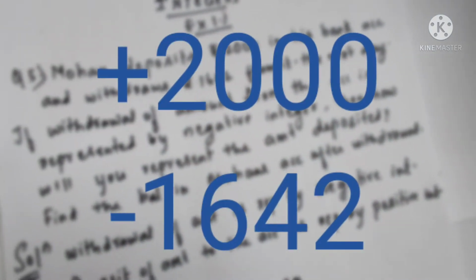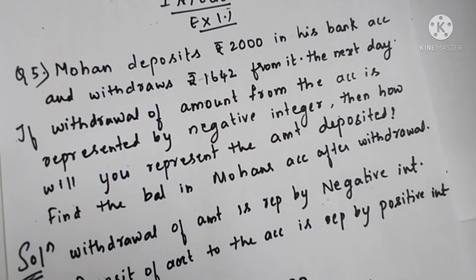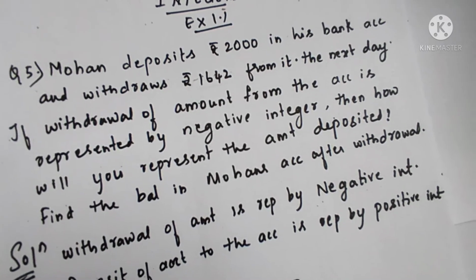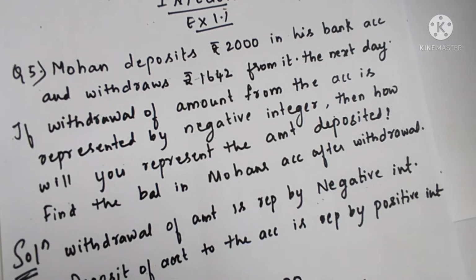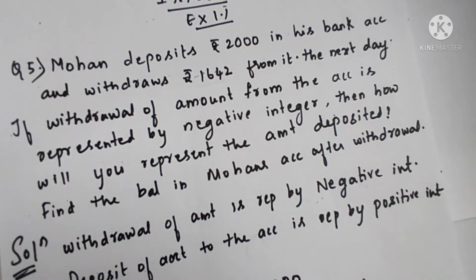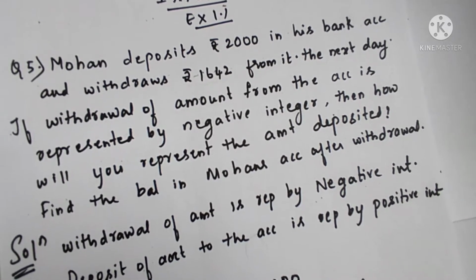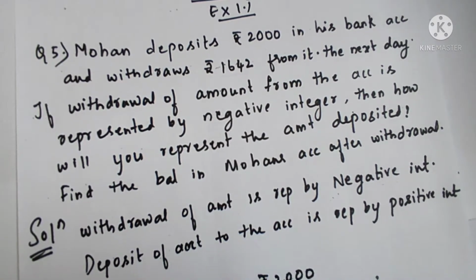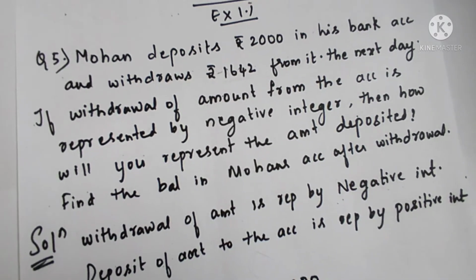Okay. Then how will you represent the amount deposited? The question goes, if the withdrawal amount is represented by a negative integer, then with what integer will you represent the amount which is deposited? The answer can be either a positive or a negative integer.